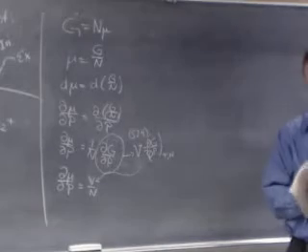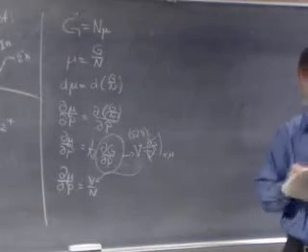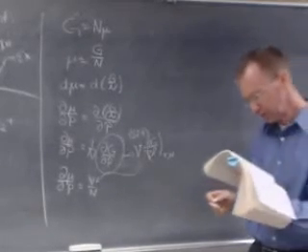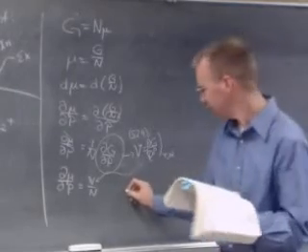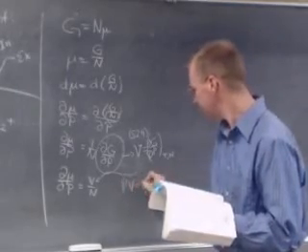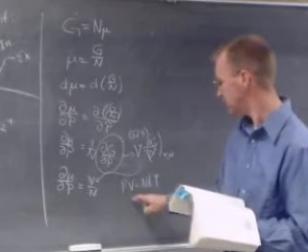Okay, so what does that get us? Well, if you remember the ideal gas law, which you do, PV equals NkT.